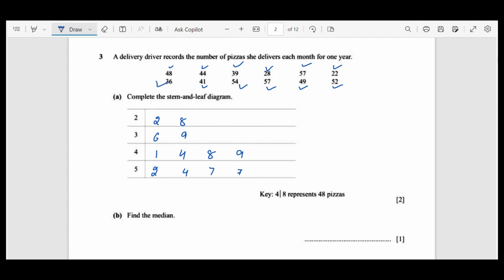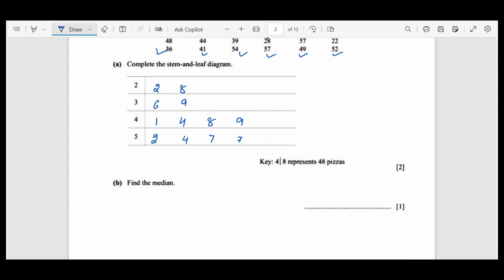Next is find the median. So total is 12. So median will be the 6th and 7th term, right? Total is 12, so the 6th term plus the 7th term over 2.